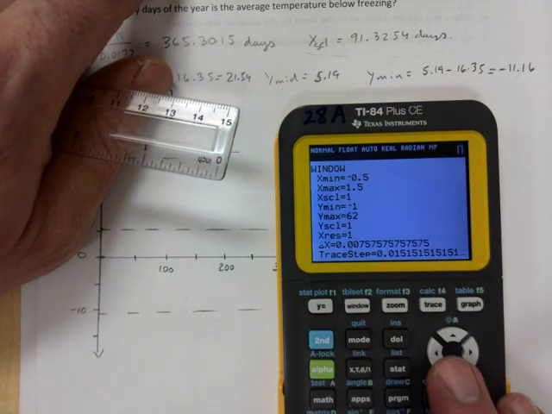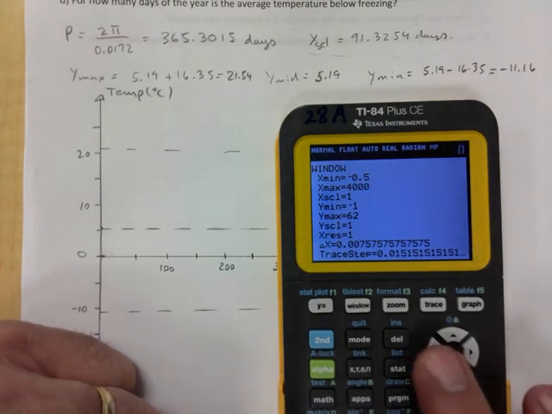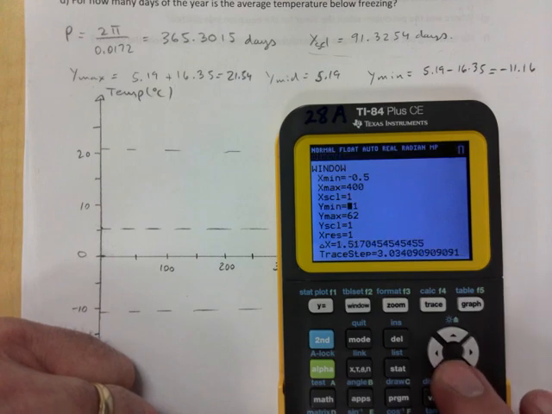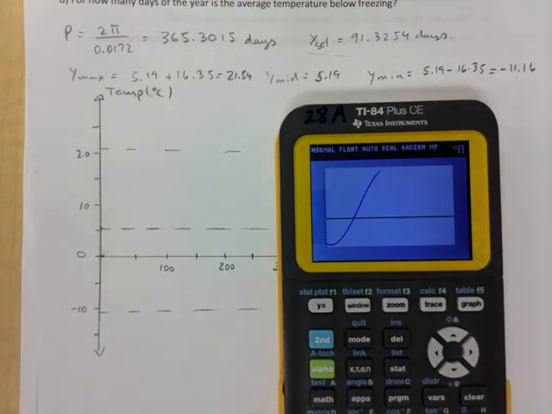Window. I'm going to make sure my X max goes out to 400 and my Y min goes to negative, let's say 12, and my Y max goes to positive 22. And there is one cycle right there.